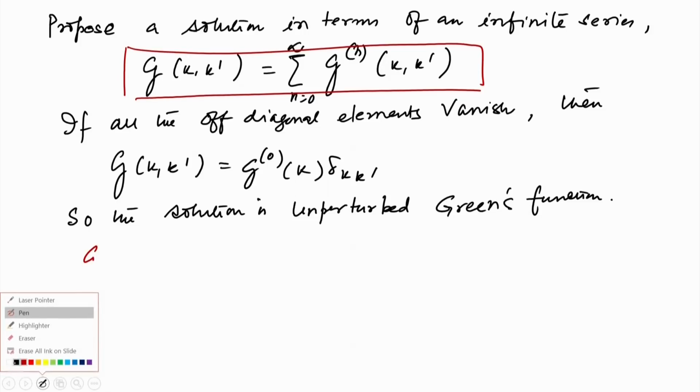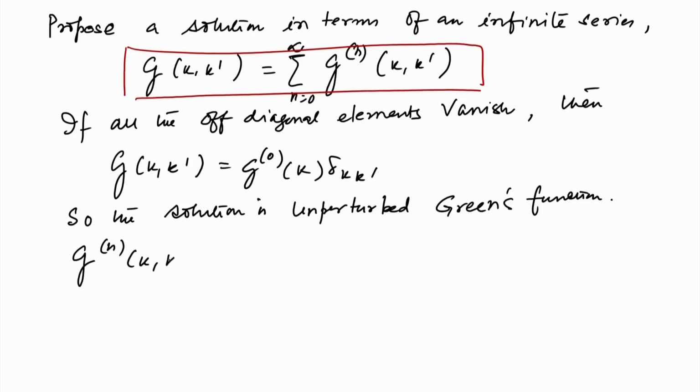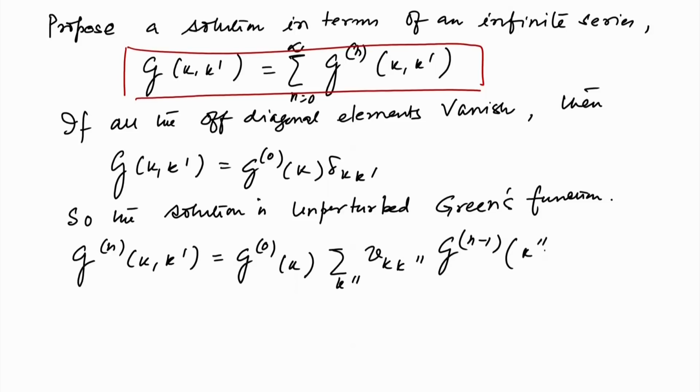So, g n k k prime equal to the sum over k double prime of g 0 k v k k double prime g n minus 1 k double prime k prime, and this is for n greater than or equal to 1. So, n equal to 0 is taken out.